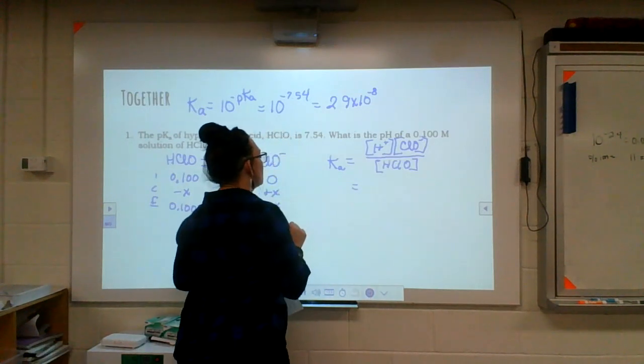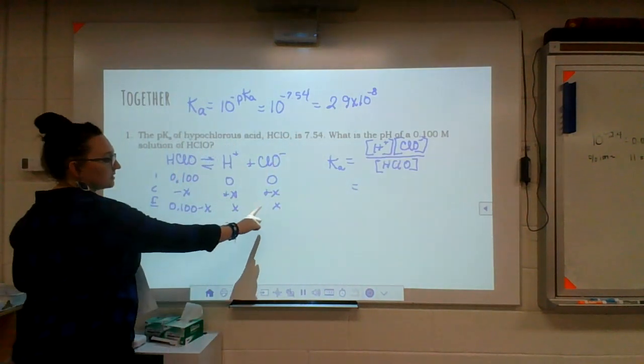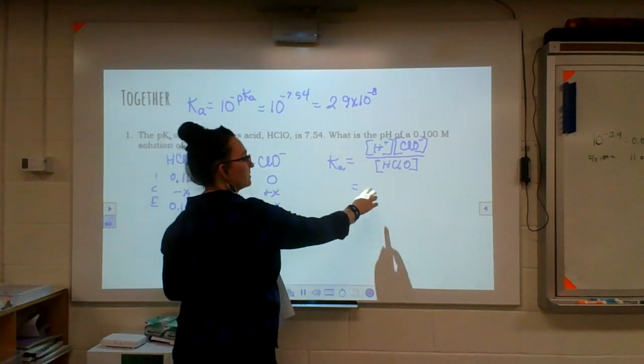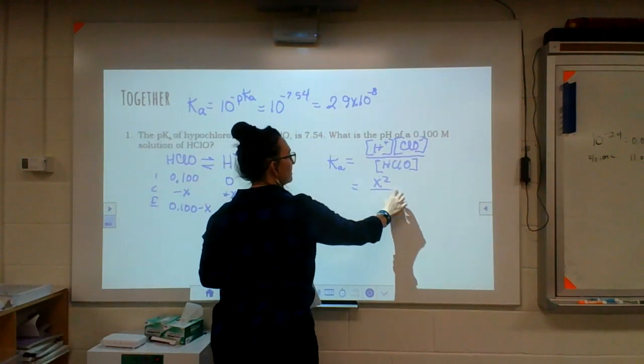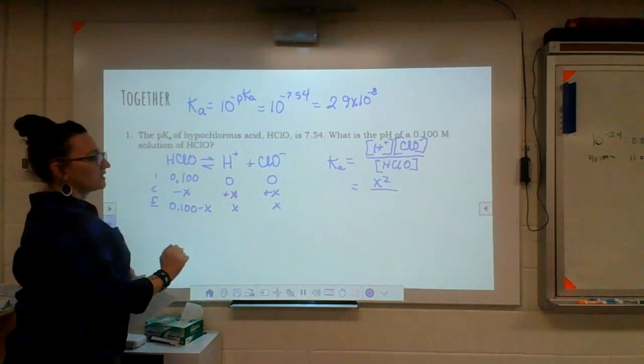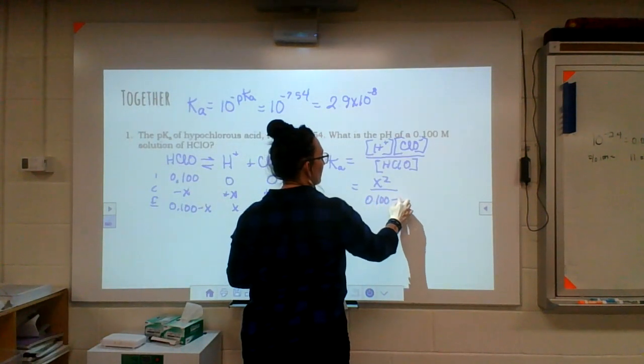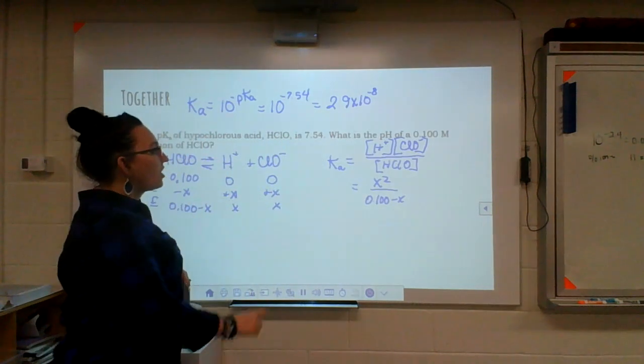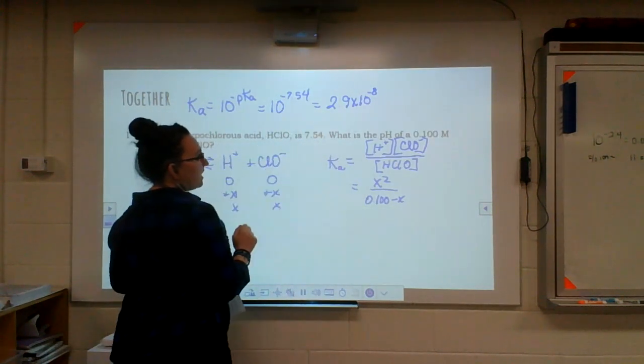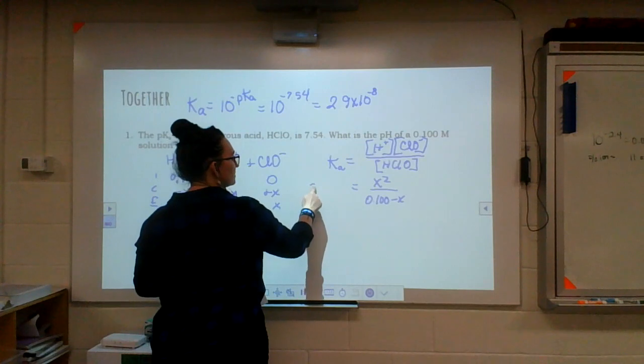And all of this is equal to the Ka value that we calculated above, 2.9 times 10 to the minus 8. And since this Ka value is very small, less than 10 to the negative 4, I can actually ignore this minus x when I solve.